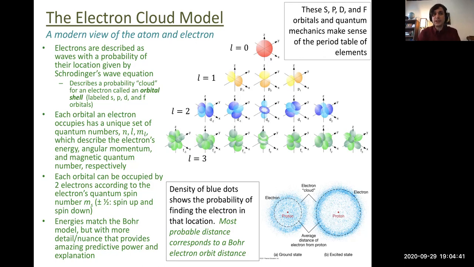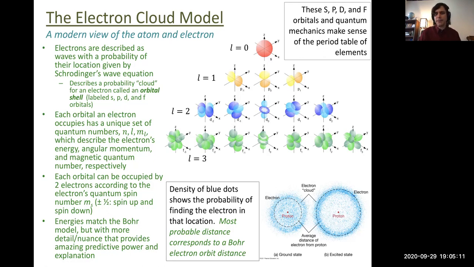But either way, an electron is described as a wave in the modern view. And that wave gives us a probability of where it's going to be located around the nucleus. And that probability is given by Schrodinger's wave equation, which allows us to define a cloud, let's go with this picture down here, around, say, our nucleus, of where the electron is allowed to be.